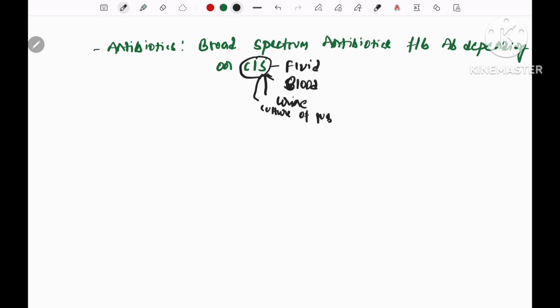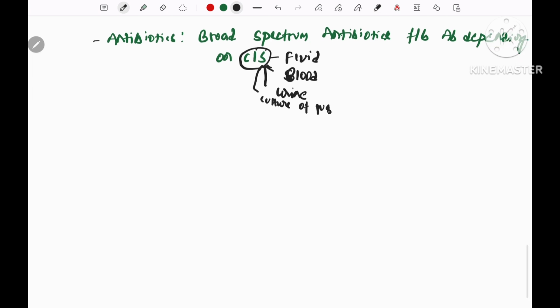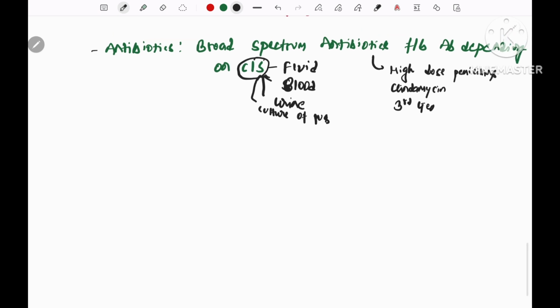The antibiotics which we use are usually high dose penicillins and clindamycin, and third generation cephalosporins like ceftriaxone.